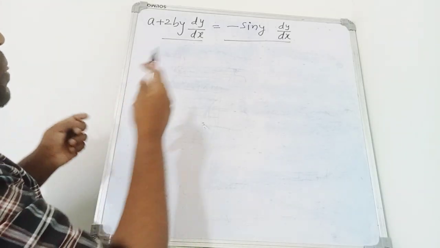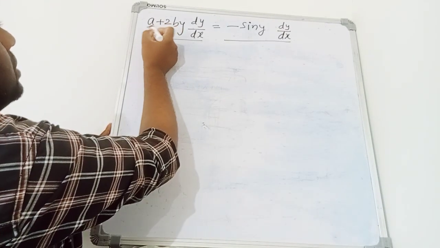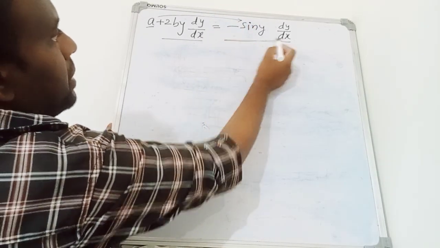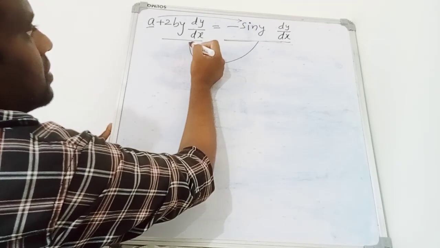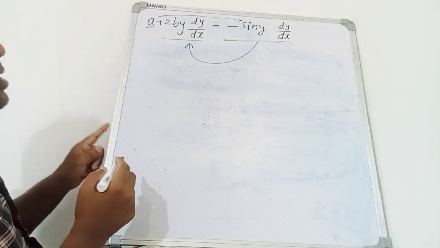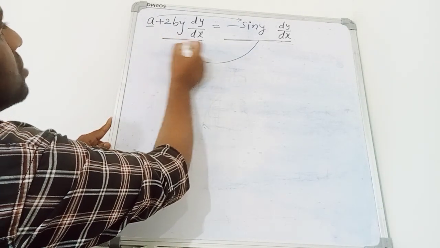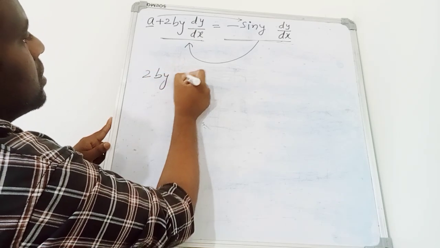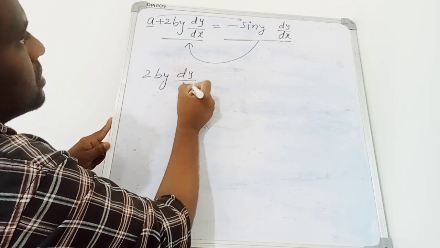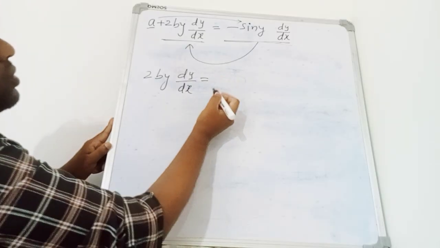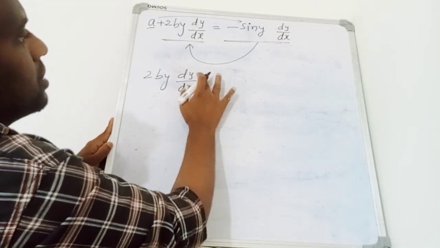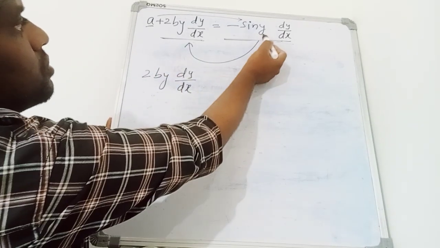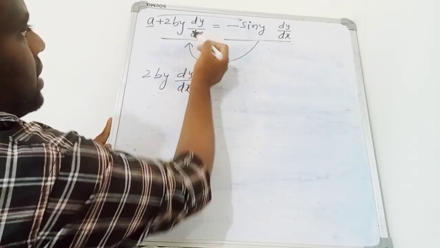So I will send this constant a to this side, and I will bring this entire thing to this side. Before that you write this as is, 2by dy by dx is equal to. Don't write is equal to now, because we are bringing this side.